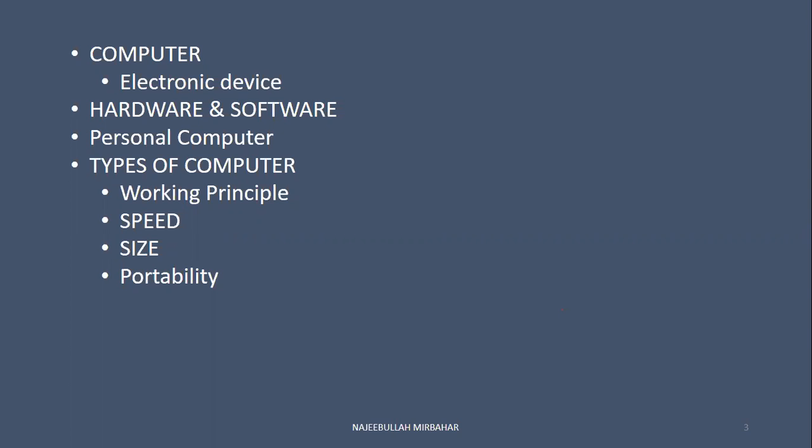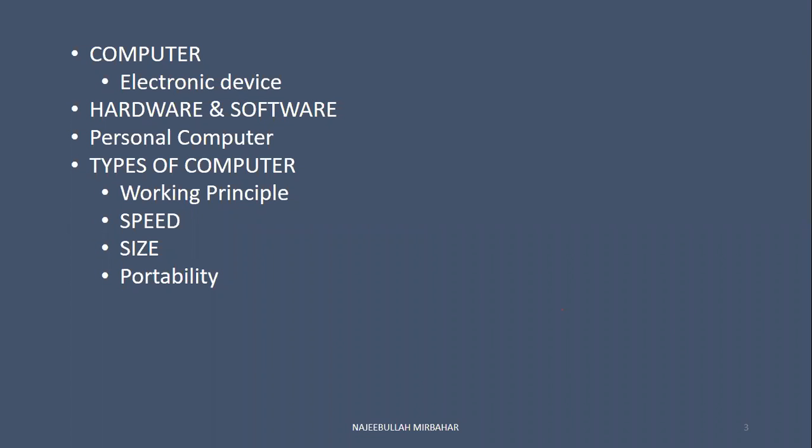Now, types of computer. You are getting a question in your exams to categorize the kinds of computer. There is no specific answer to this question. You may categorize a computer in any way you like.